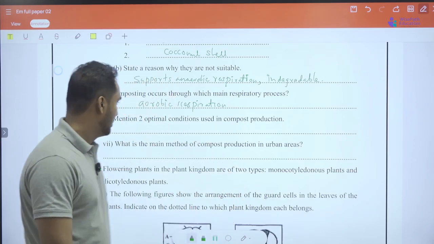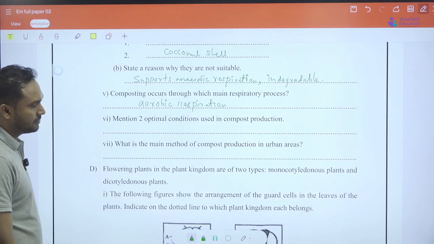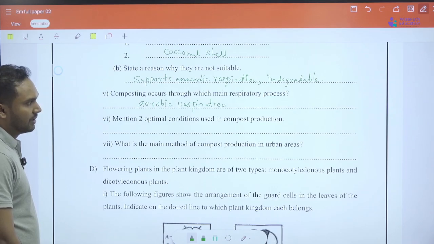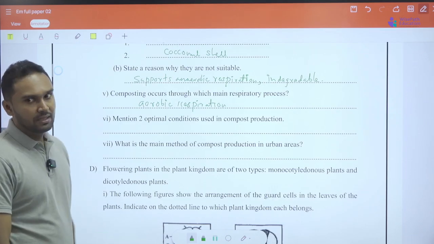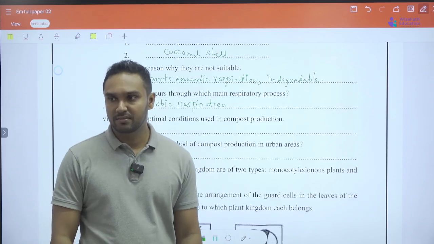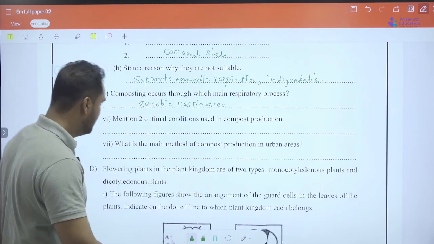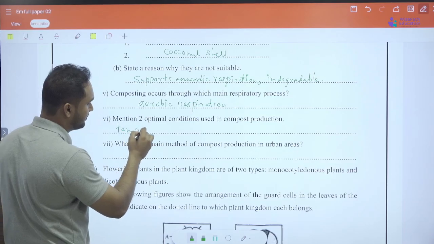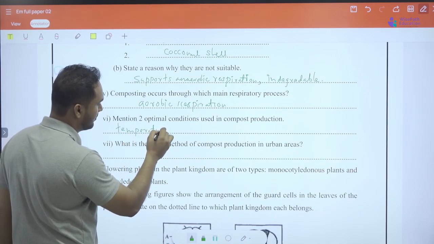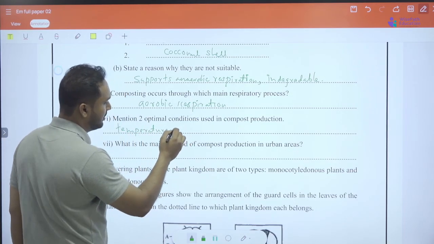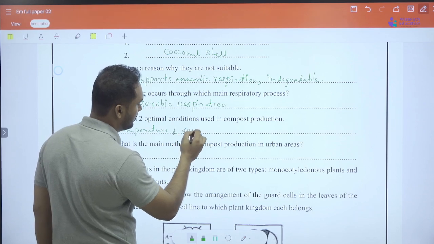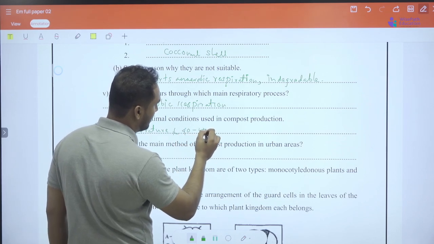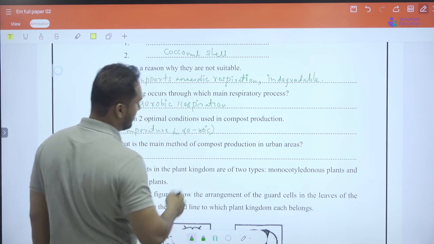So the temperature was 40 to 60 degrees Celsius. Temperature should be around 40 to 60 degrees Celsius.